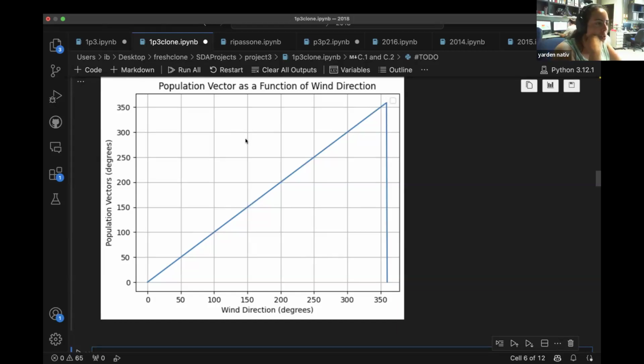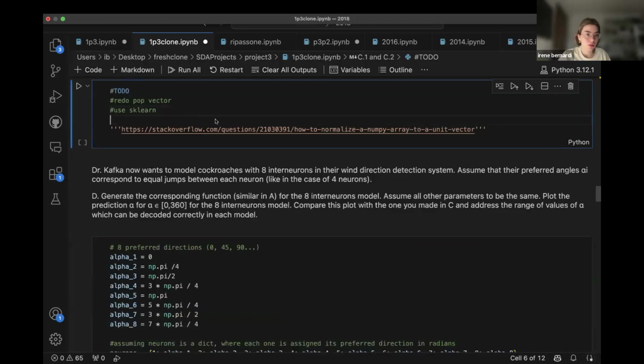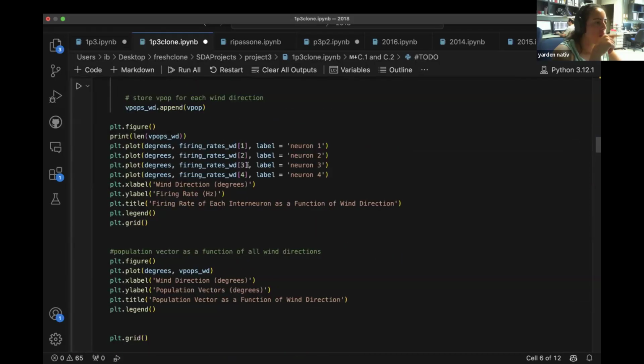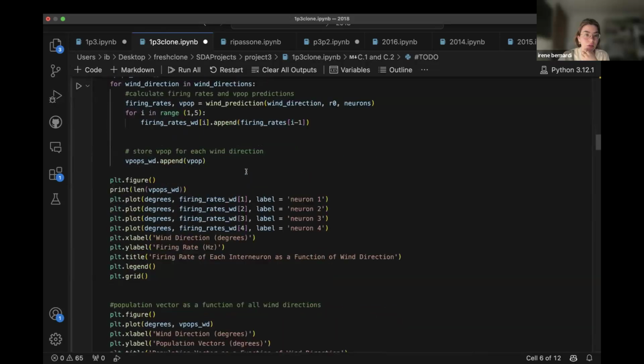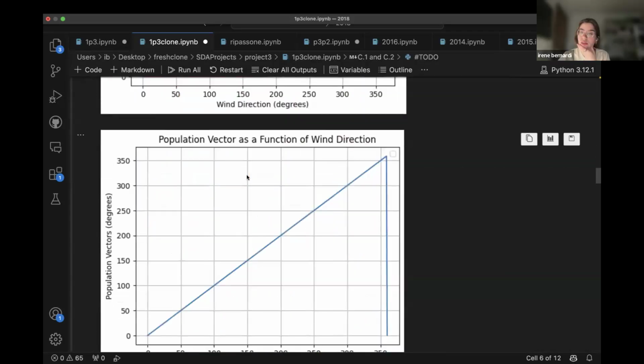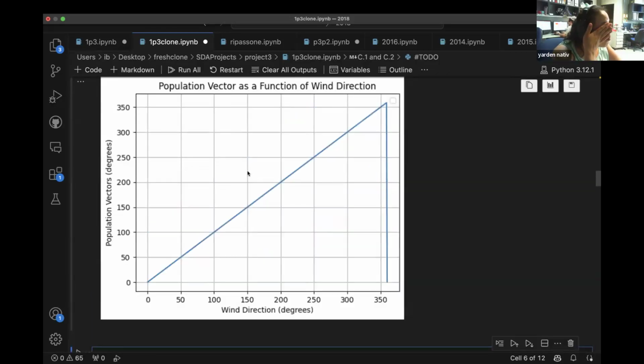I think it also looks like you didn't use the rectification. Right, because there is a rectify in the sine, and the cosine could not be smaller than 0. So you need to do an absolute.